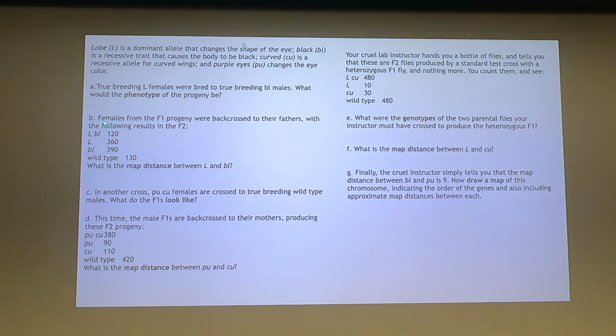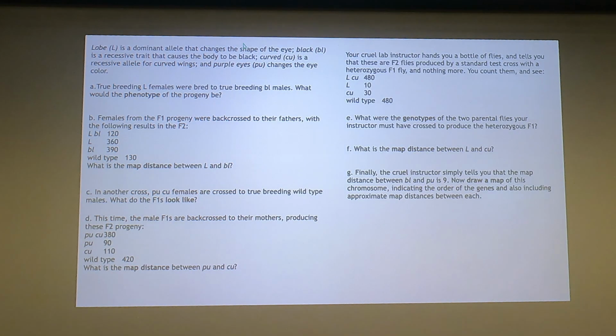So, we take females from the F1 progeny, which are backcrossed to their fathers. Oh, we got to step back here. Wait a minute. True breeding L females are bred to true breeding BL males. So lobe-eyed females, black males. What would the phenotype of the progeny be? Told you, I'm not going to tell you.